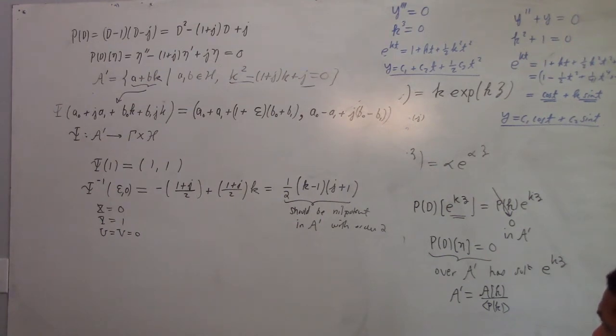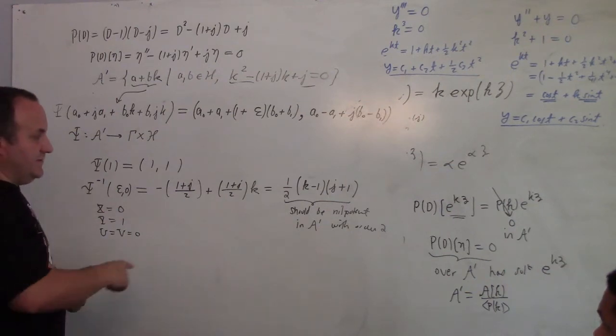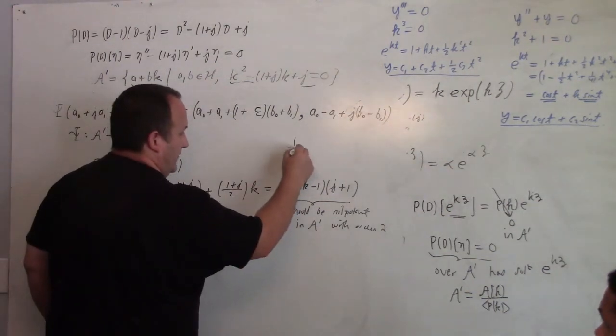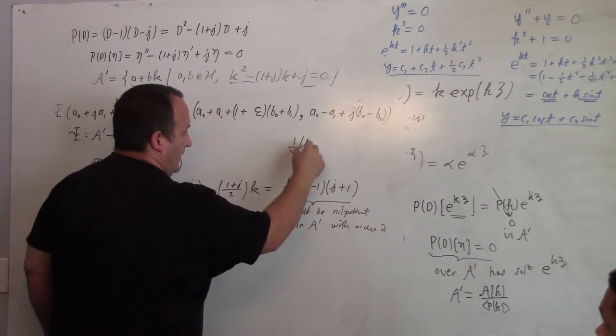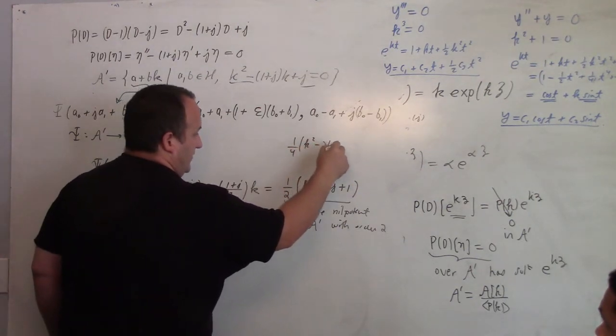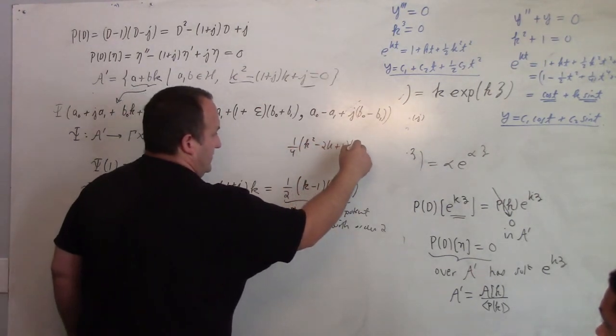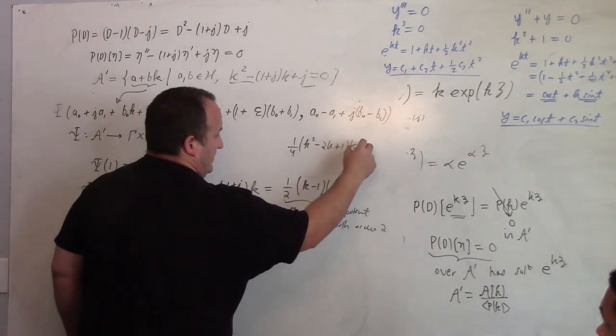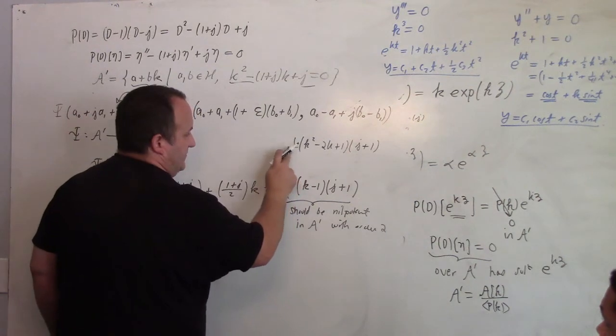So what happens when you square this? You get 1/4 of k squared minus 2k plus 1 times j plus 1 squared, which is 2 times j plus 1, so I'll put a half out here.